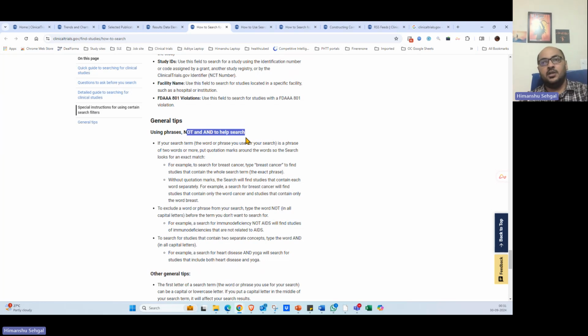These operators not only work on Google, but they also work on this. So it is very important to learn these operators, how to utilize them and what they are used for. If you've not gone through that video, please go through it first about the operators, and then you can do effective research here.